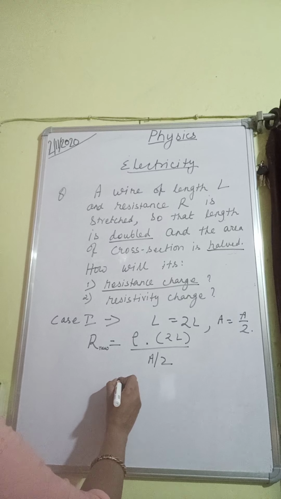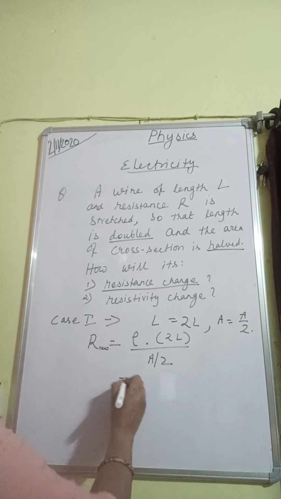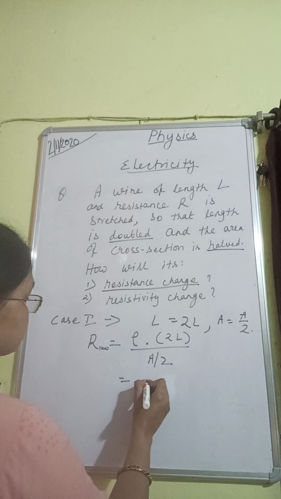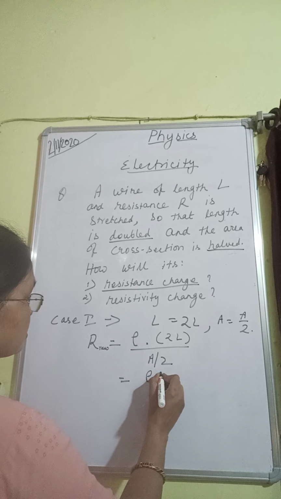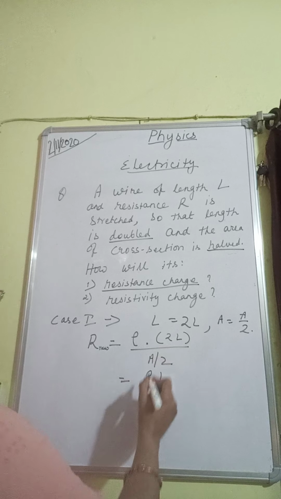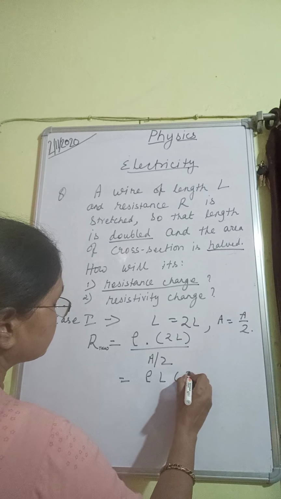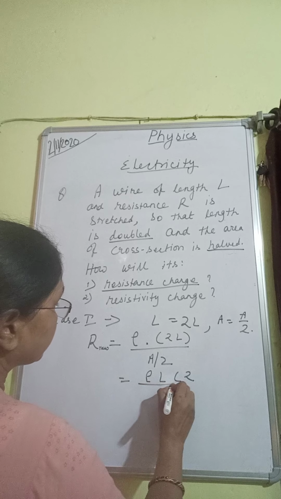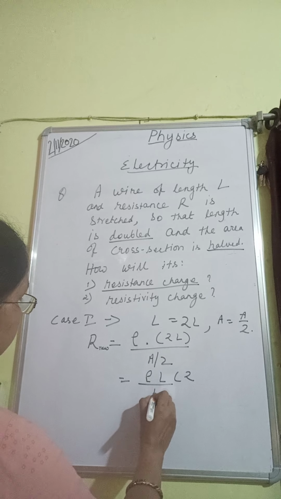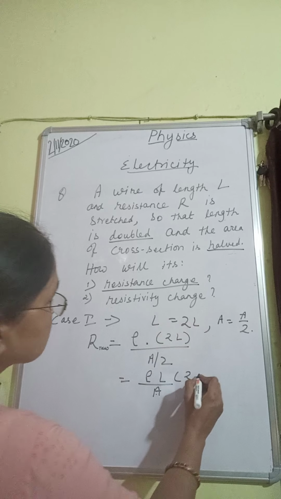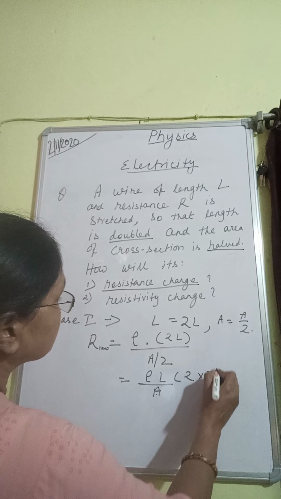So here what will we get? Rho L, L, and here it is 2, so let us take it 2, by area, area is just like this, and this will go upwards, that means 2 into 2.